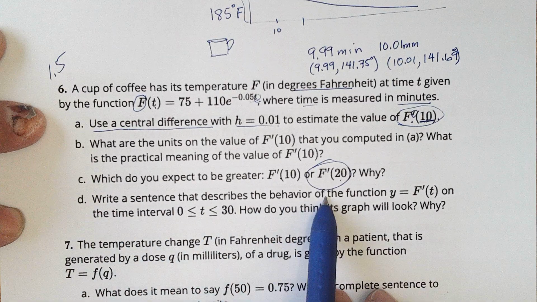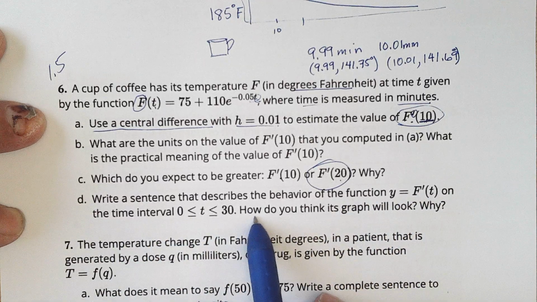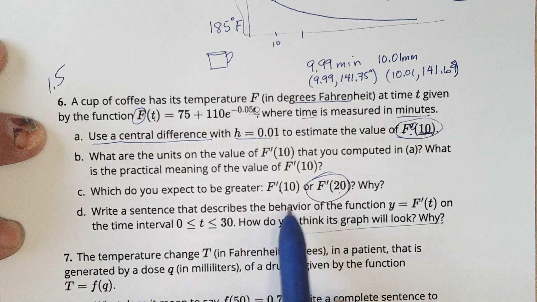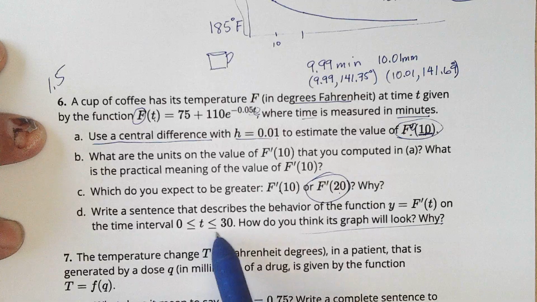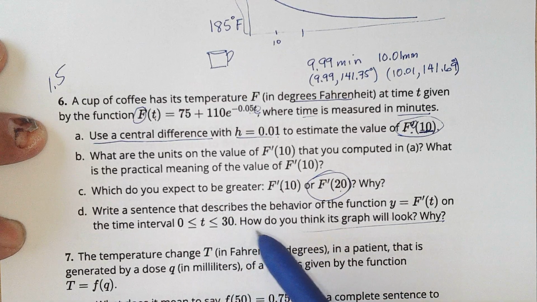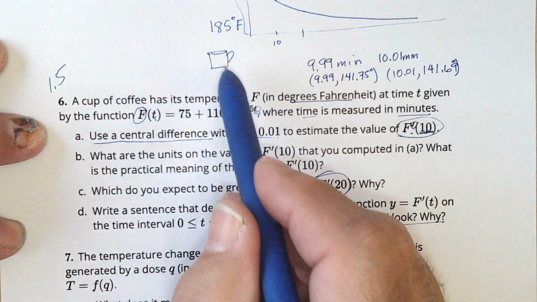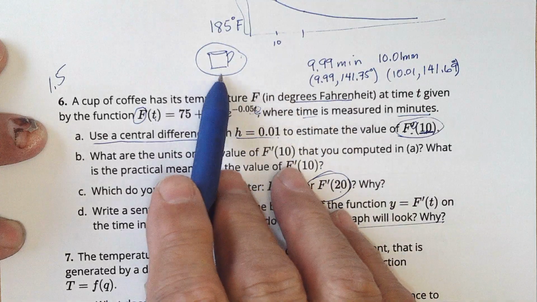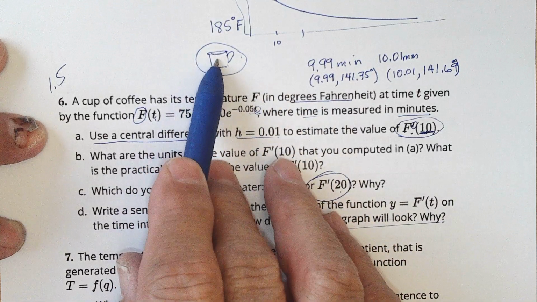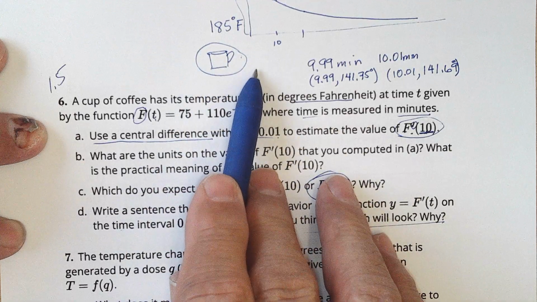Write a sentence that describes the behavior of this on the interval from 0 to 30. How do you think the graph would look and why? So on that interval, the temperature is going to drop quickly at the beginning and then slow down, because how fast the temperature changes in my cup of coffee will depend on how much different the temperature of the cup of coffee is than the room temperature.